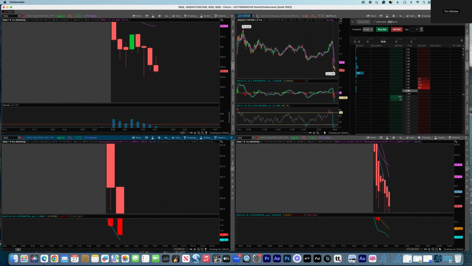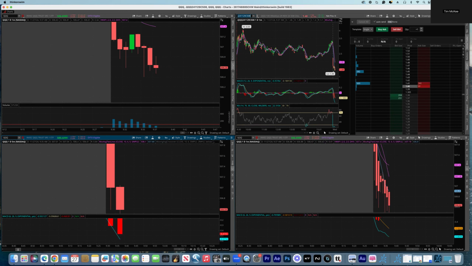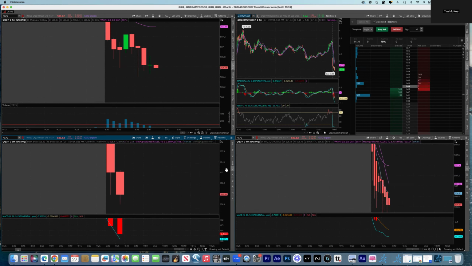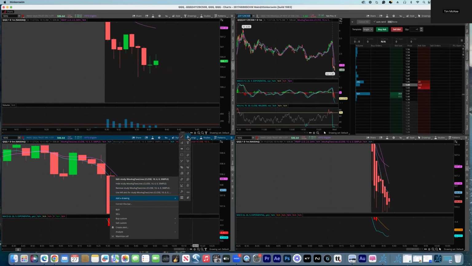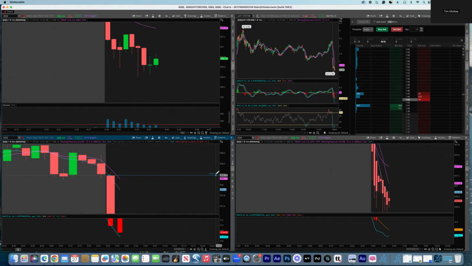All right, I'm going to head back over to the 507 on the put side. Just keep an eye on this. We're slowly selling off, but a lot of resistance. And I'm going to put a supply zone or a pseudo supply zone in on the top of this first 5-minute candle.